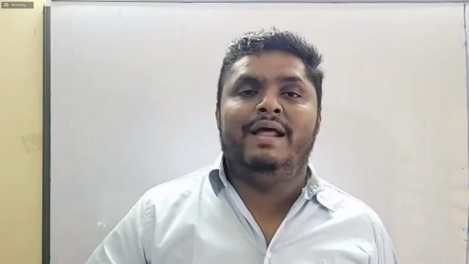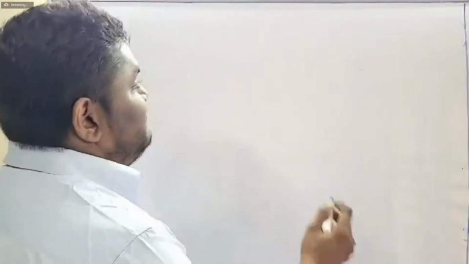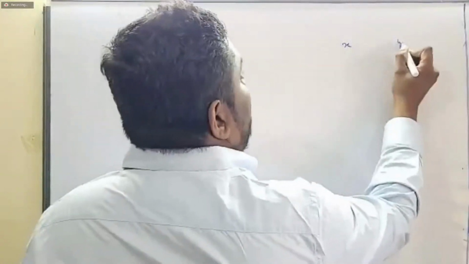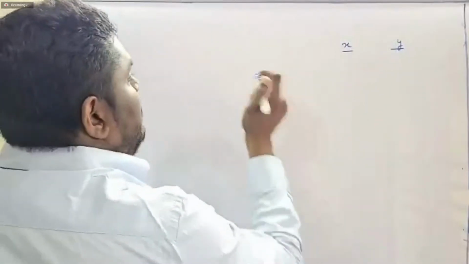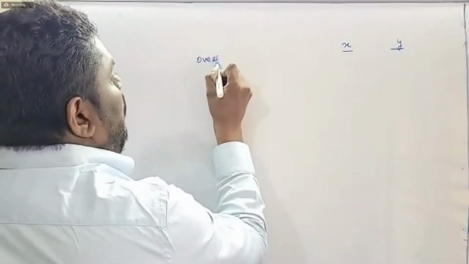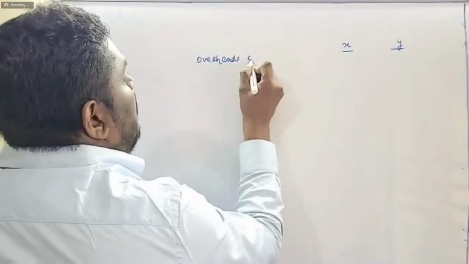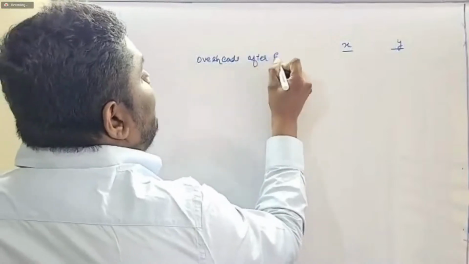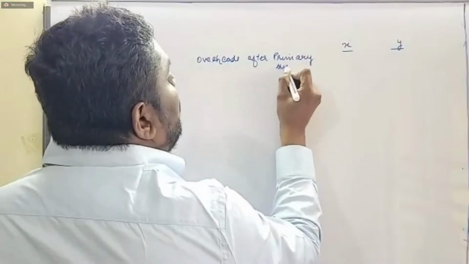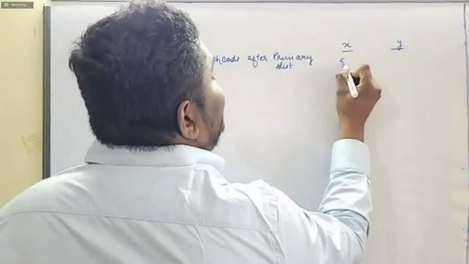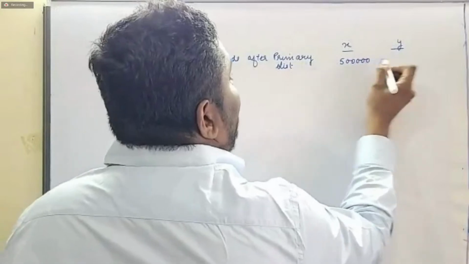Okay, quiz. Let me give you a question, guys. Let's say overheads after primary distribution, let's say 5 lakh and 8 lakh.